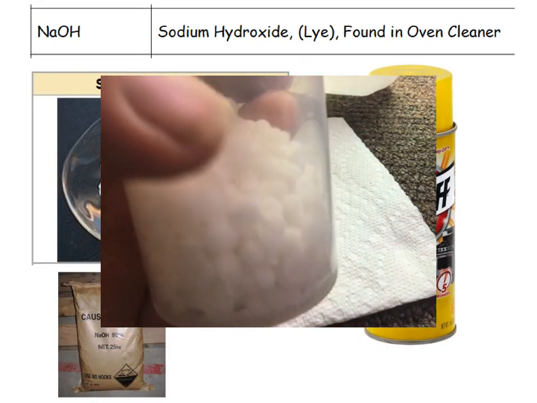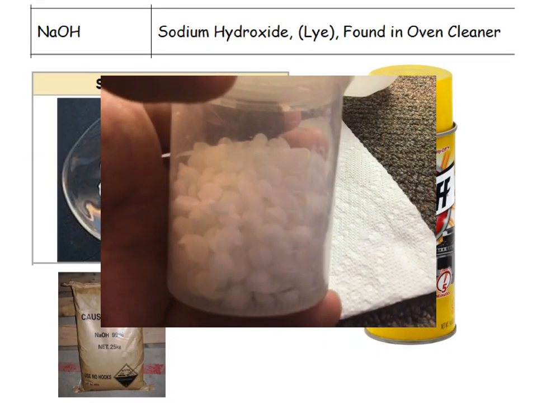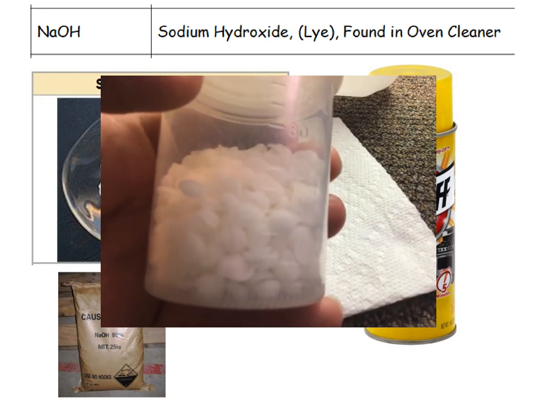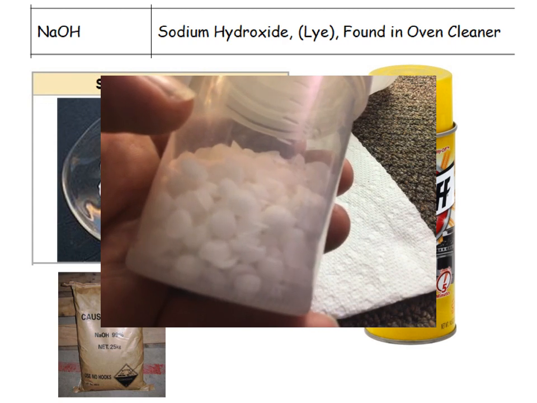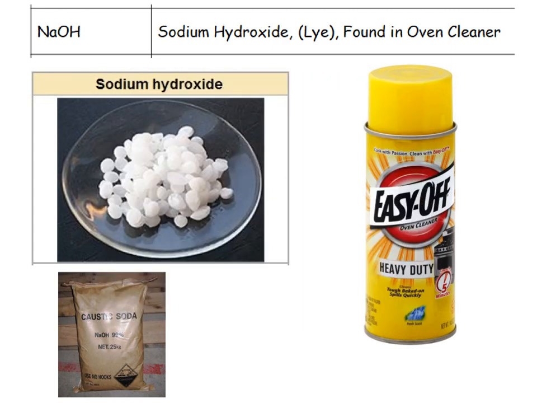These little innocent looking pellets that look like plastic are anything but that. This is one of the most common bases, sodium hydroxide. They often come in this pellet form, but they can also come in a powdered form. When sodium hydroxide, NaOH, is dissolved in water, it makes the hydroxide ion, which is characteristic of bases.